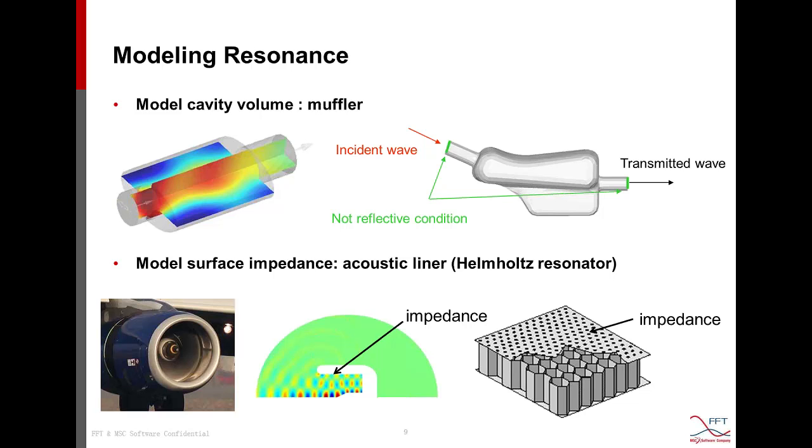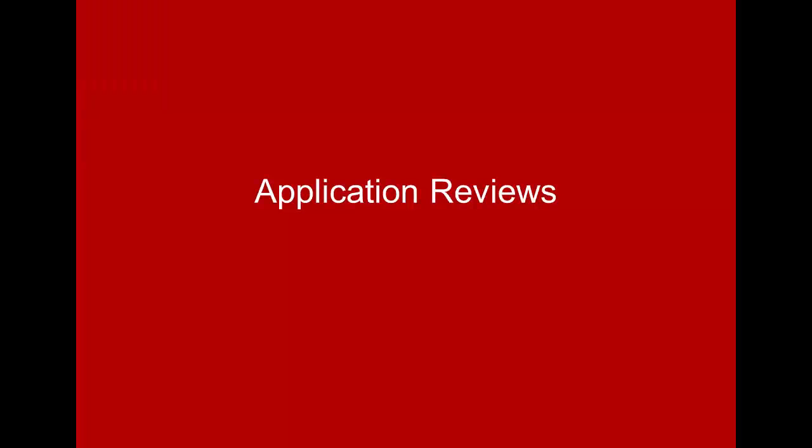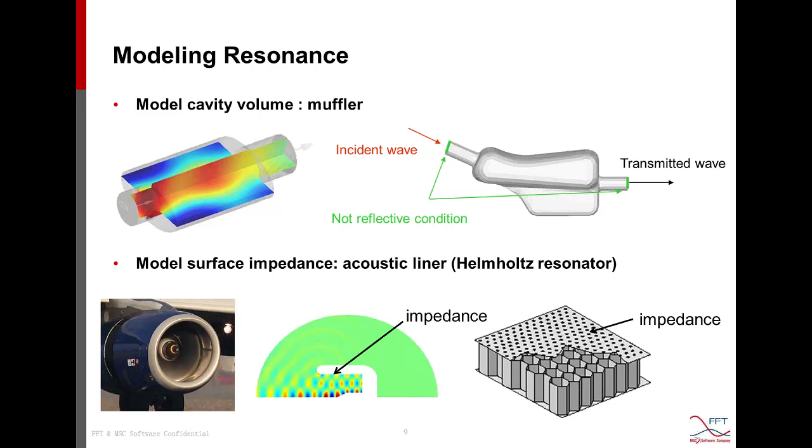Instead, there are facilities that allow measuring the surface impedance of the liner, and in an acoustic finite element model, so this one is an axisymmetric acoustic propagation model representing this nacelle, we will plug in the impedance value of that liner on this surface to account for the absorption by the liner. So these are some reviews of different mechanisms of acoustic treatment.